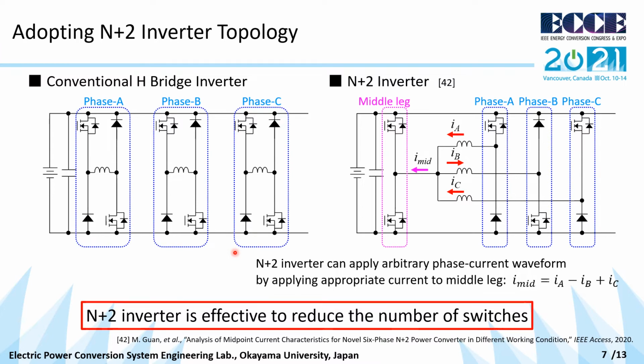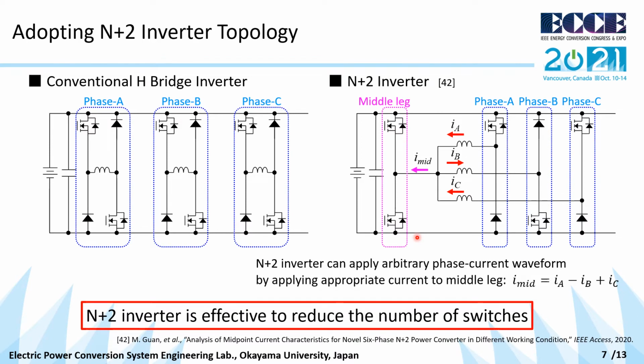On the other hand, in the N+2 inverter, the inverter consists of half-bridges of phase A, B, C, and one middle leg. Therefore, 2 switches are required for one winding, and 2 switches are required independent of the phase number.